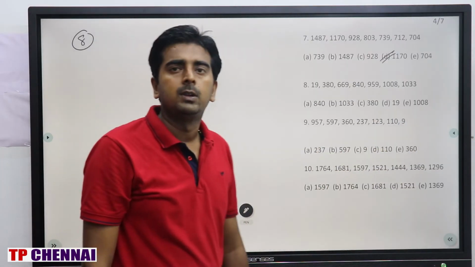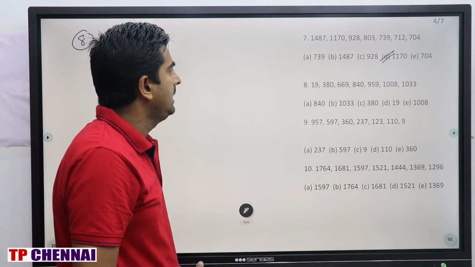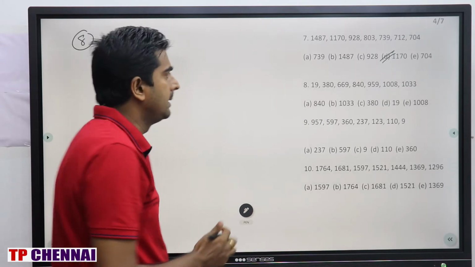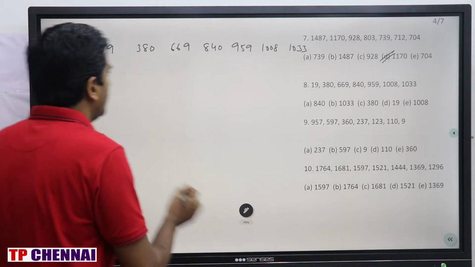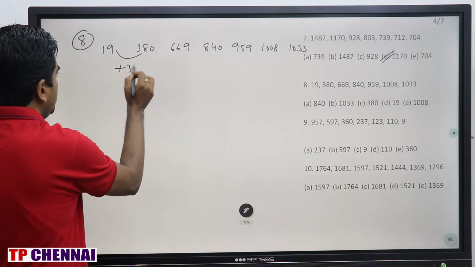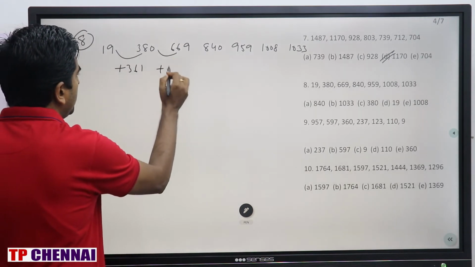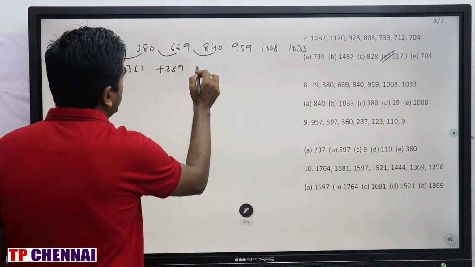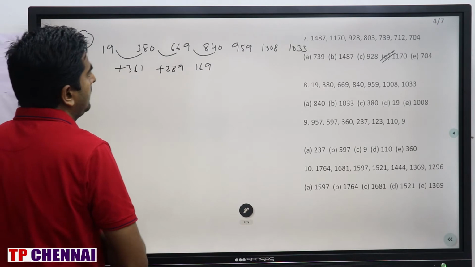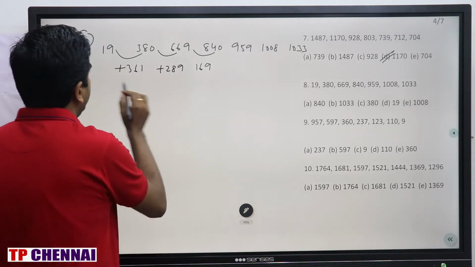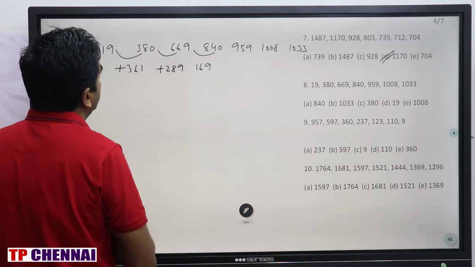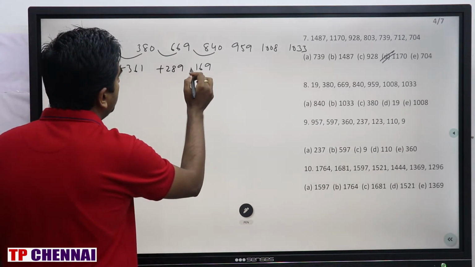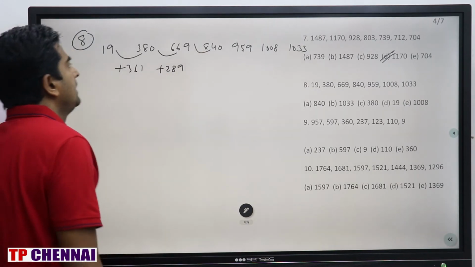Clear? Now we'll see question number 8. 19, 380, 669, 840, 959, 1008, 1033. Right? So difference logic only. Difference is how much? 361, 19 square, then 17 square, then here 13 square.